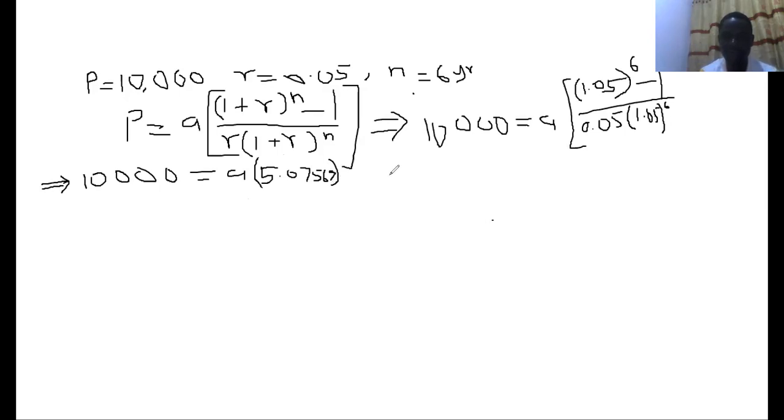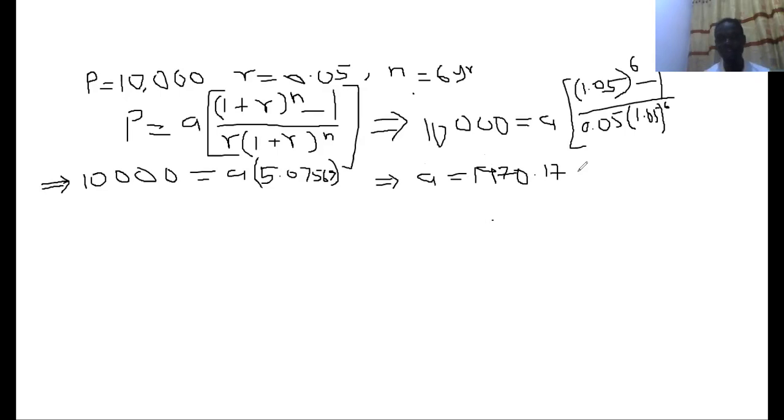So A will be equal to 10,000 divided by that, which will give you 1970.17.